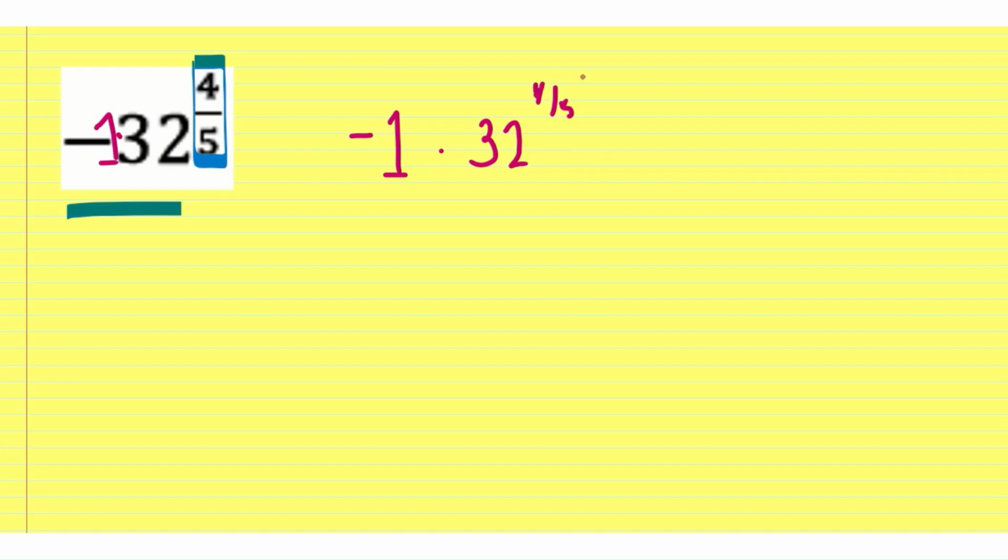Okay, and if you've been paying attention to the video, you know that the top one is the power and the bottom number is the root. So we are going to rewrite that as -1 times the fifth root of 32 to the 4th power.